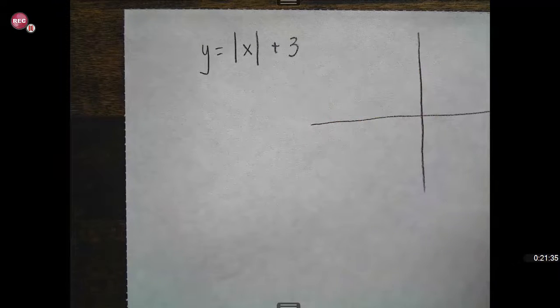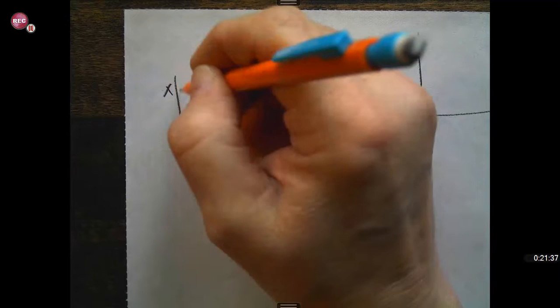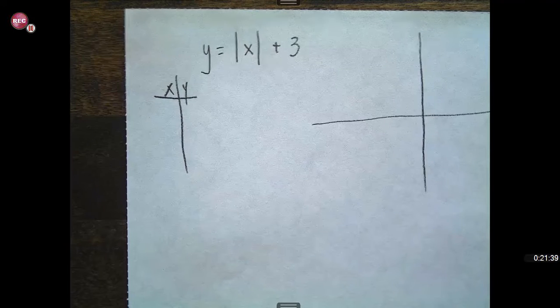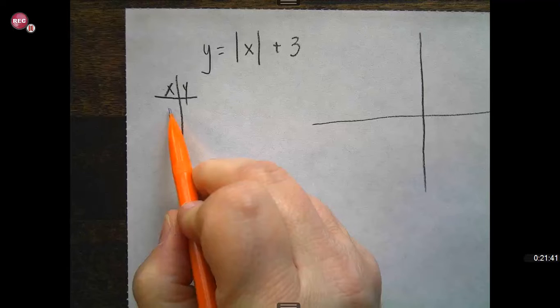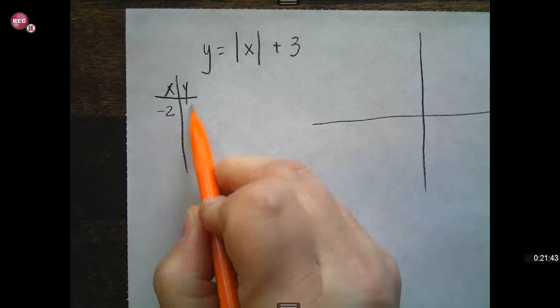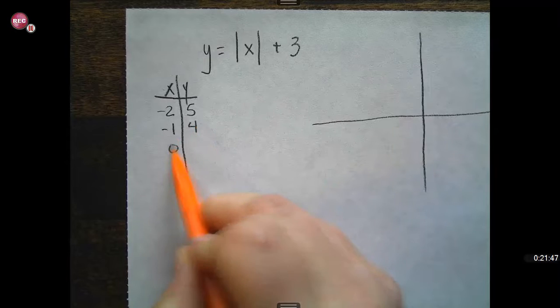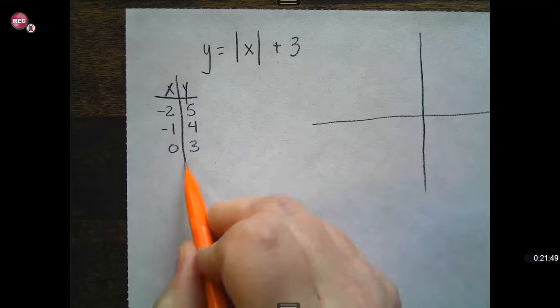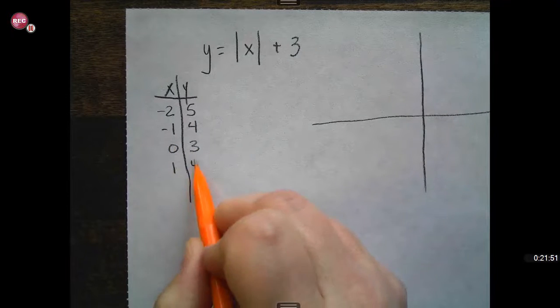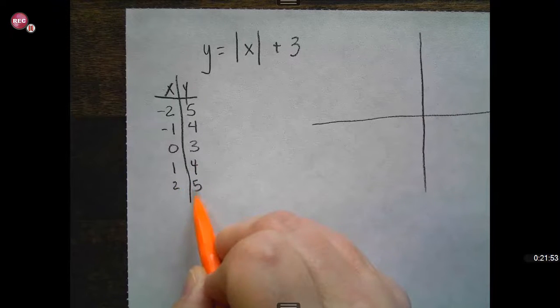I'm supposed to graph that. So I am going to make a table of ordered pairs. If I plug in -2, I get 5. If I plug in -1, I get 4. If I plug in 0, I get 3. If I plug in 1, I get 4. If I plug in 2, I get 5.